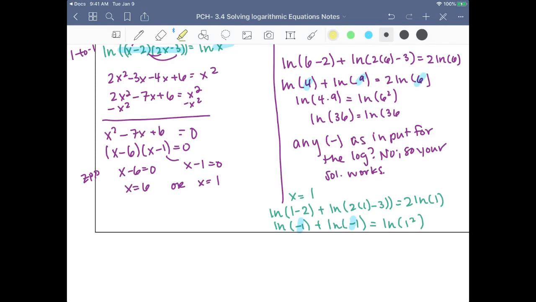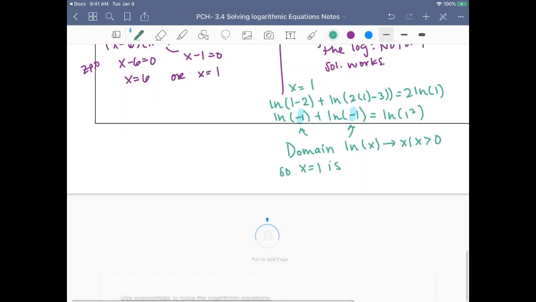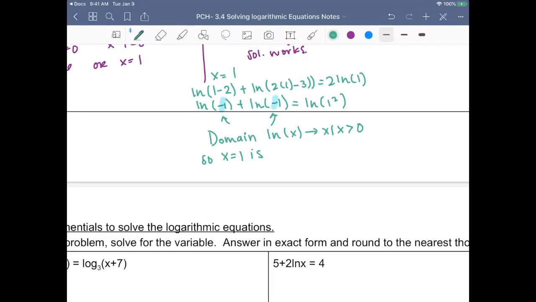Okay, so negative 1 is not in our domain. Remember, the domain for ln of x is x has to be greater than 0. So x equals 1 is an extraneous solution.